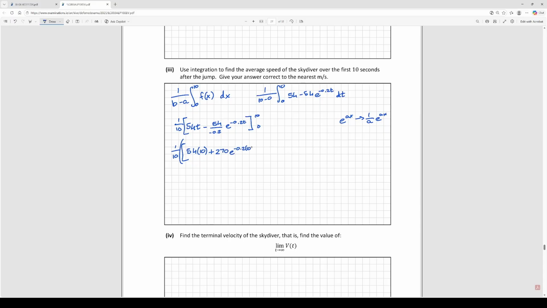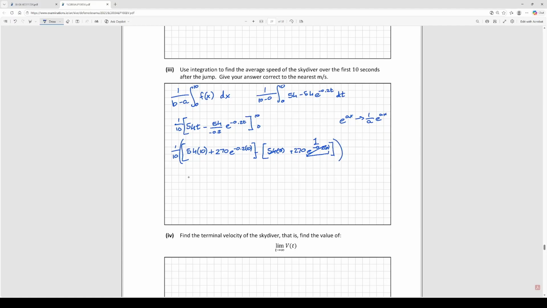Try that in your calculator though. I'm taking liberties with a few things here. Then we would do the minus, and do it again if we sub in 0. Now 54 times 0 will go away. But the plus 270e, the power would be minus 0.2 multiplied by 0, and all of this thing turns into a 1. If you put it in your calculator, you can check. So that's actually 270. You want to watch out for that.